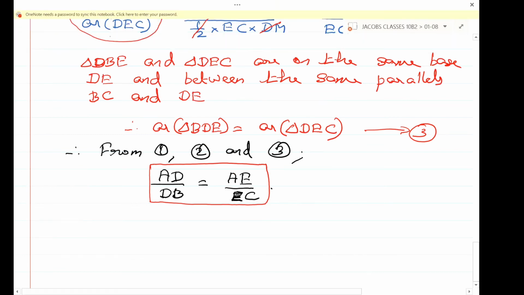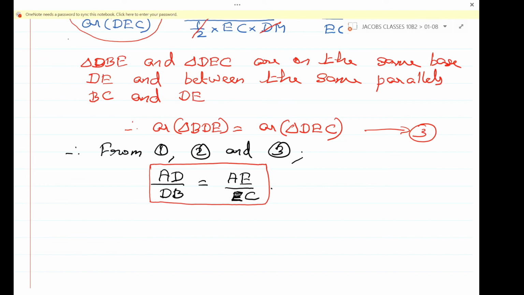Okay, so now we have the converse of basic proportionality theorem. Please write the subheading. Converse of basic proportionality theorem. Sir, is that theorem number 2? That is like theorem number 2. No need to put theorem number 2. It is 6.2 in the textbook, but no need to put any number, okay?